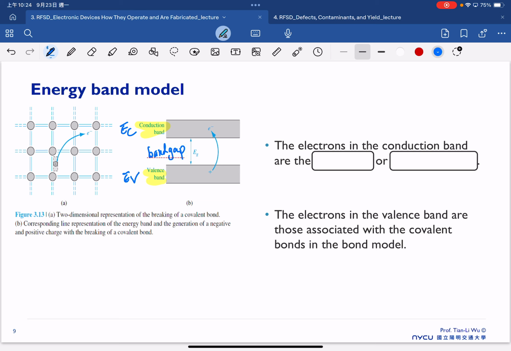And the electron moving from one place to the other can be schematically shown here, moving from this place across the band gap to the conduction band. In general, this is what we call a band diagram.